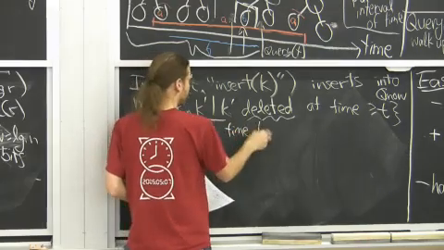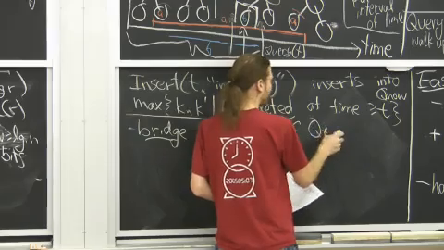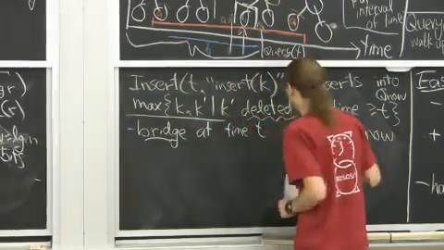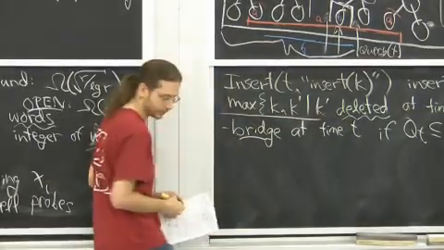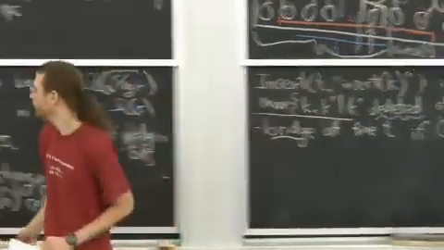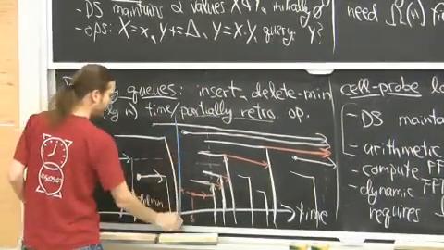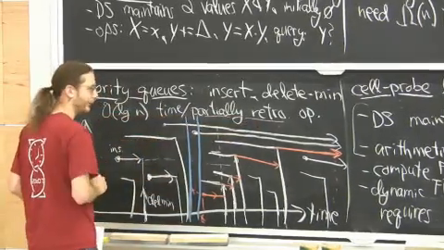Very simple idea. A bridge at time t is a time when everything that's currently in the queue will finally be in the queue. So this is a bridge, because these elements exist for the rest of time.